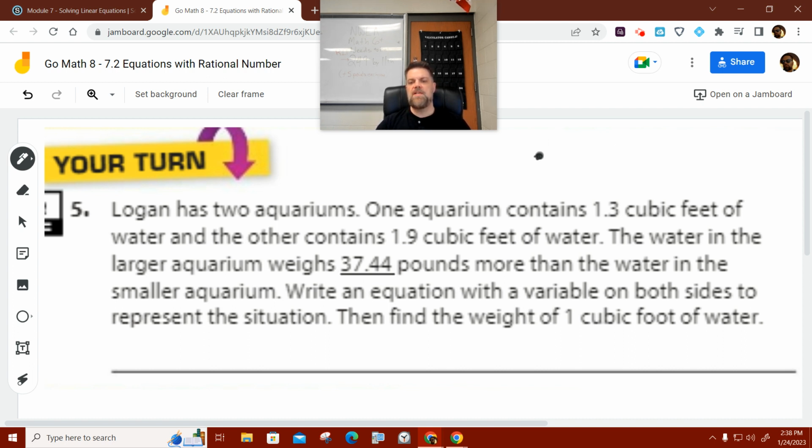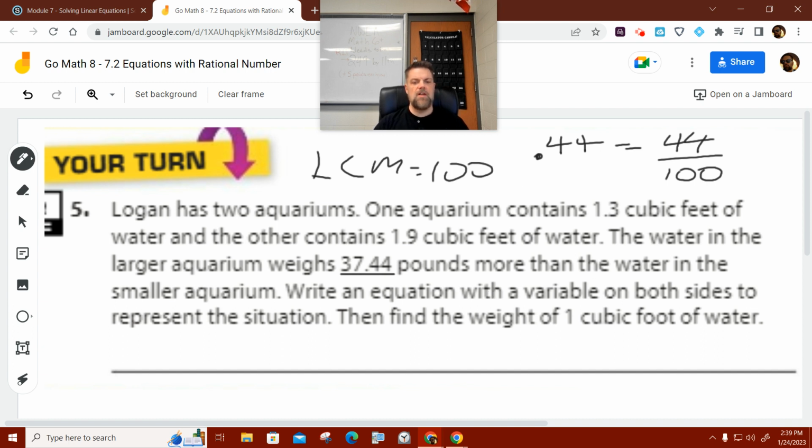Remember that 0.44 is the same as 44 hundredths, or 44 over 100. So our lowest common multiple, least common multiple, is going to be 100. More than the water in the smaller aquarium, write an equation with a variable on both sides to represent the situation.